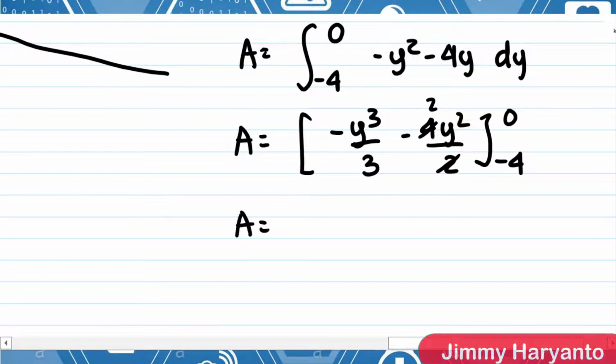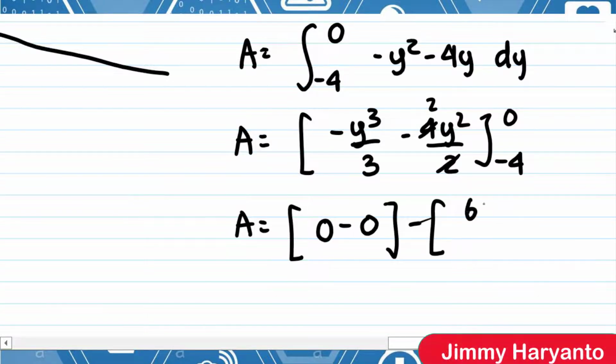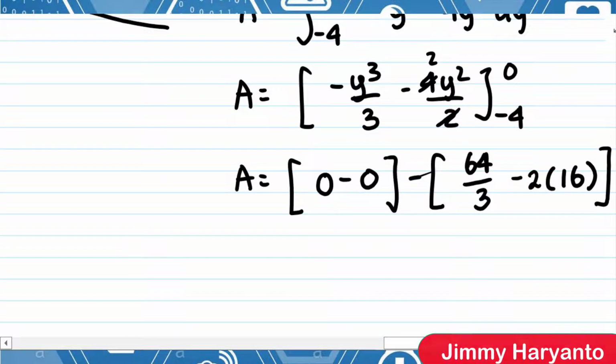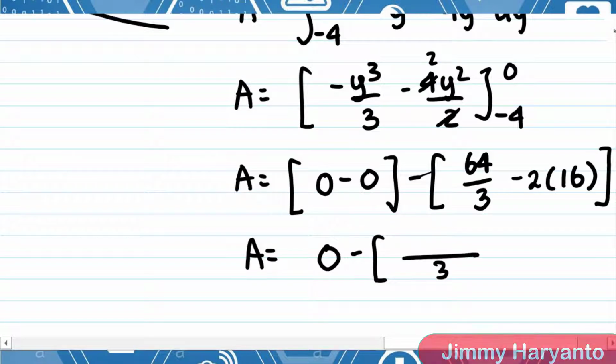Okay, let's plug in the 0 first. For the 0, you will have 0 minus 0, and then you have to plug in the negative 4. You will have 64 over 3, and then for this one you will have negative 2 times 16. Okay, so the area will be 0 minus, over 3, yeah, 64 minus 32 times 3, 96.